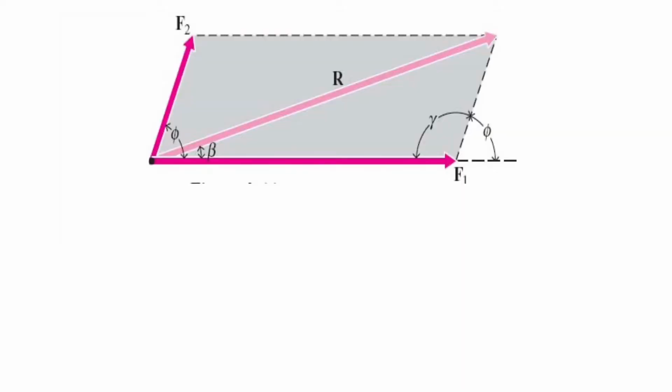Now, another example: if you want to get the resultant vector of forces F1 and F2 in which the angle between them is not equal to 90 degrees, which means this will not produce a right triangle, we can get the magnitude of the resultant vector using the cosine law, which is R squared equals F1 squared plus F2 squared minus 2 F1 F2 cosine gamma.